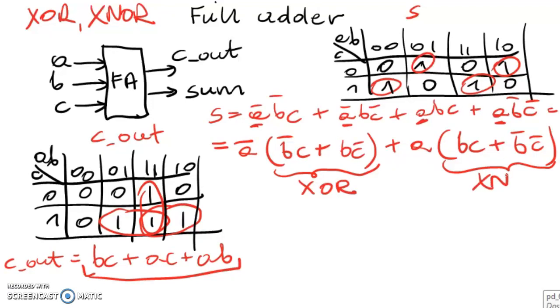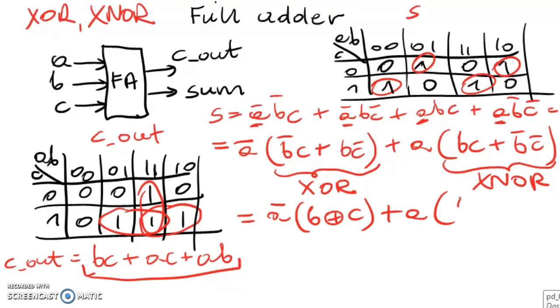And this one is an XNOR expression for B and C. So now you can express it as not A, B XOR C plus A, B XNOR C.